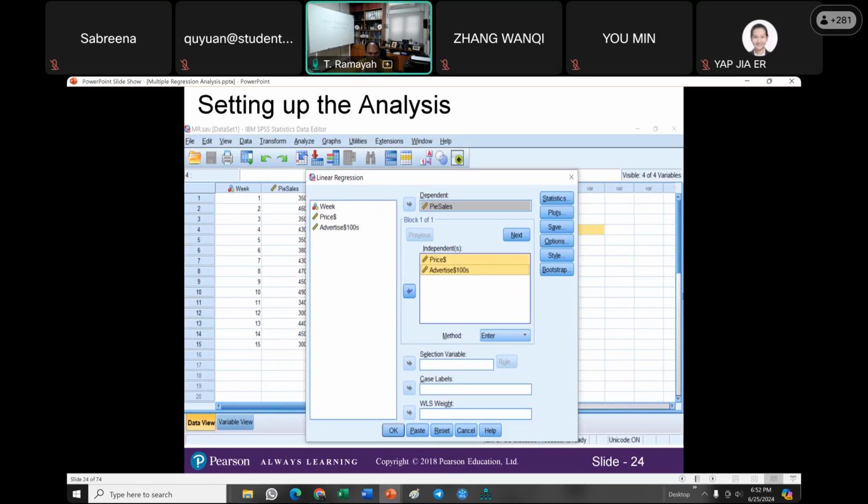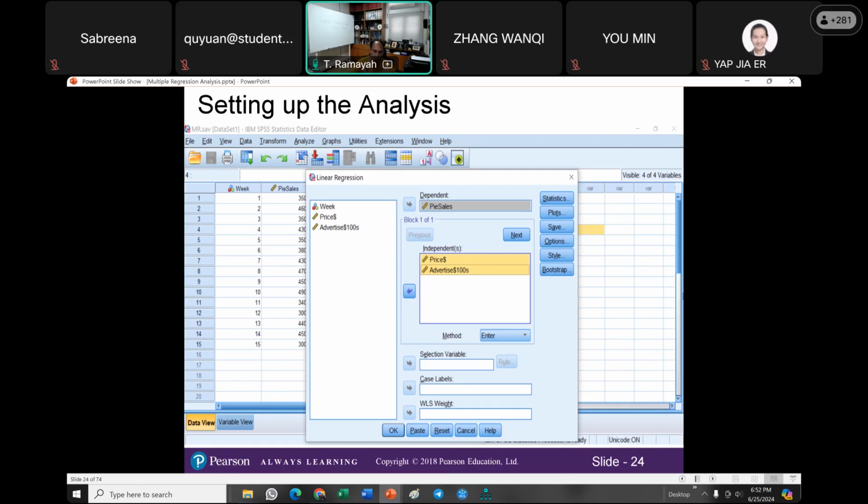After you pick the linear regression, you will get a dialog box like this. They will ask you what is your dependent variable and what are your independent variables. If you see, the dependent variable box is small. It can only accommodate one dependent variable at a time.